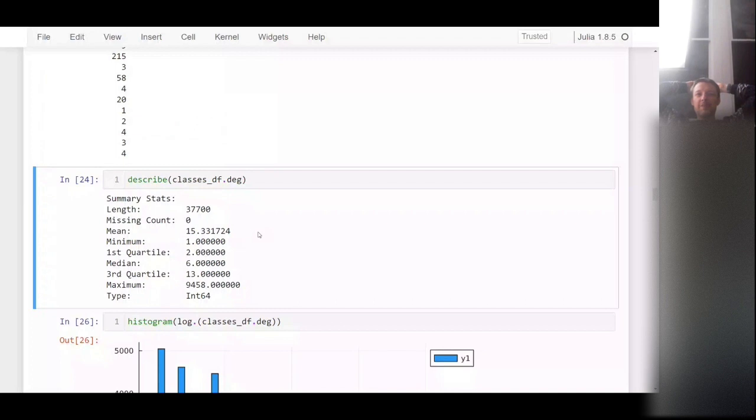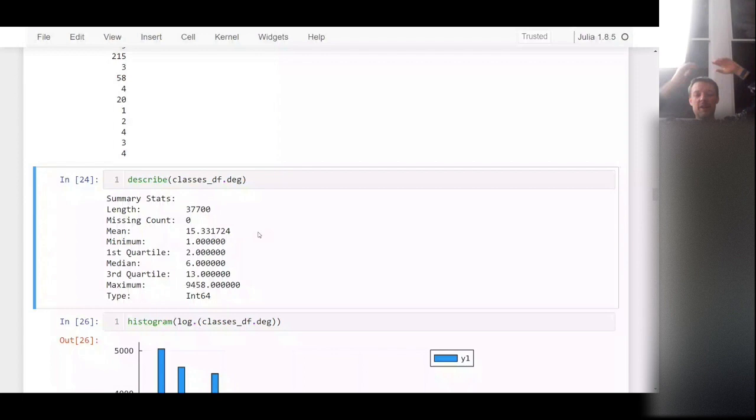What does it mean? It means that if I pick a random node in this graph, uniformly at random, and I am to predict what will be the degree of this node, then the prediction is, on average, I will see a node of degree around 15. This is the mean degree.